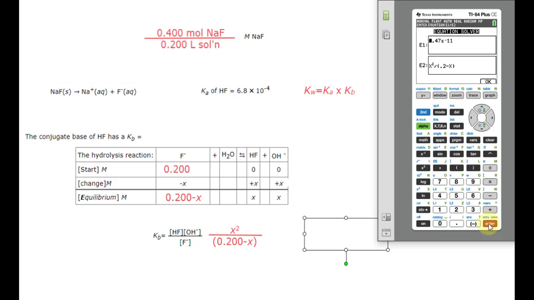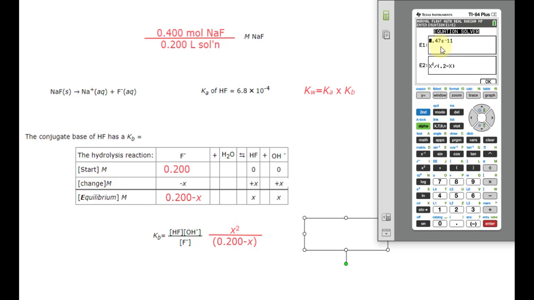As you can see, I've got things pretty well set up already. I have included the Kb, the 1.47 e negative 11. And now I'm going to solve for x squared, divided by 0.2 minus x, exactly what we have here.